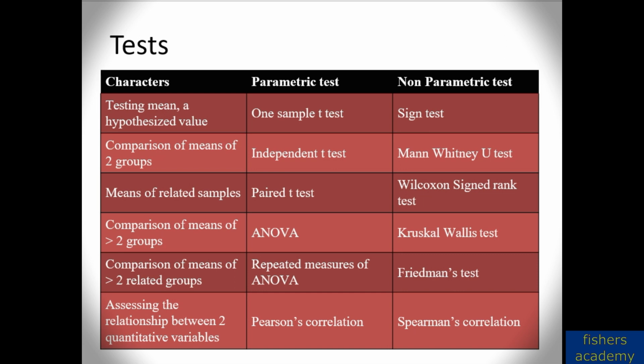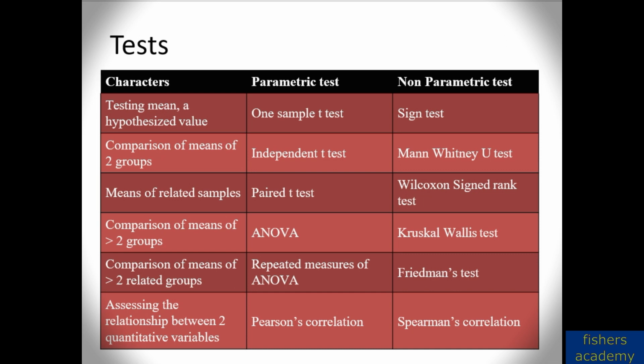For non-normal distribution, in non-parametric, we follow the sign test. For comparison of means of two groups, the independent t-test; whereas in non-parametric, we follow the Mann-Whitney U test.